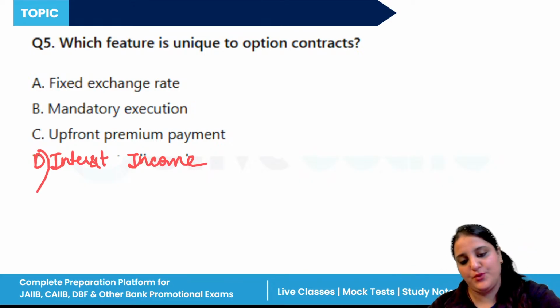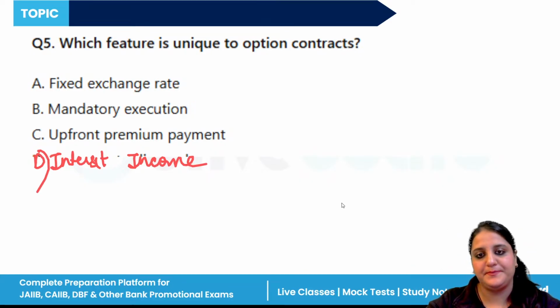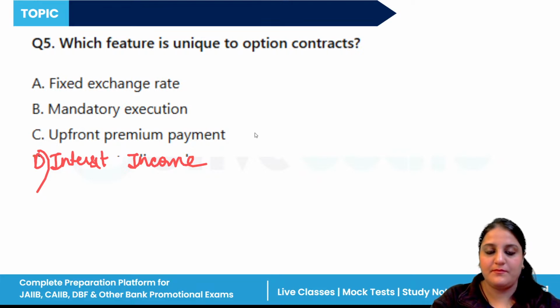Which feature is unique to the option contract? So let me tell you about the option contract.